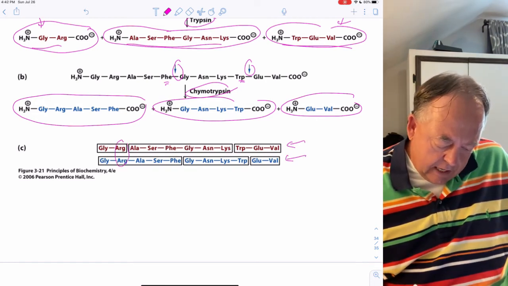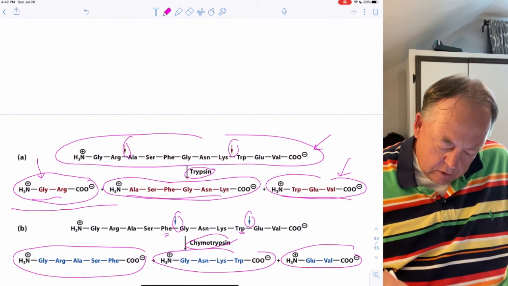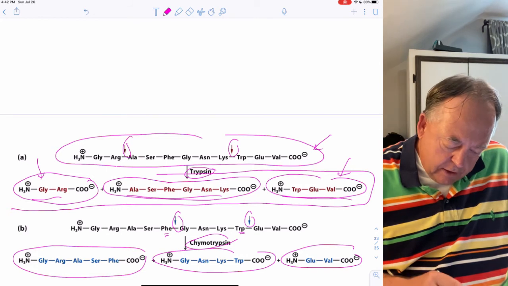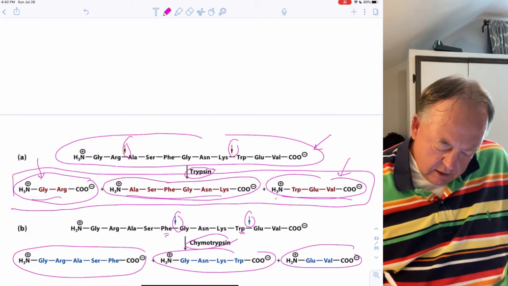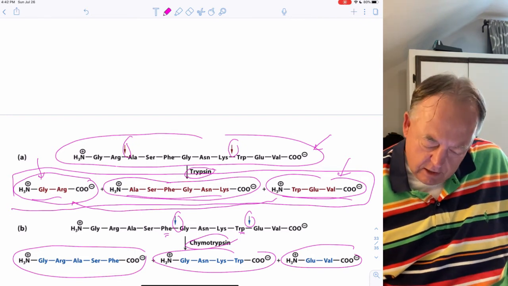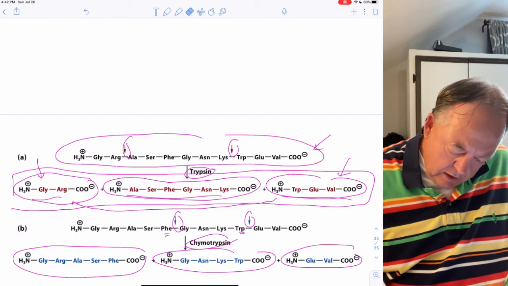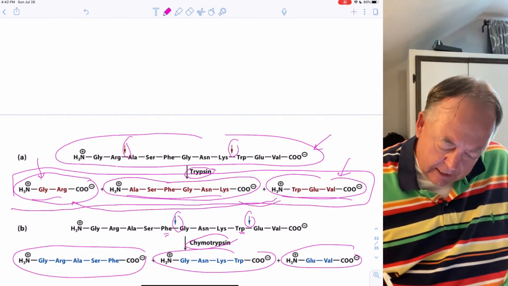If we're just looking at these 3 pieces only, you don't know how those 3 pieces go back together, right? Because this could have been attached to there. So was this tryptophan attached to arginine, or was this tryptophan attached to lysine?